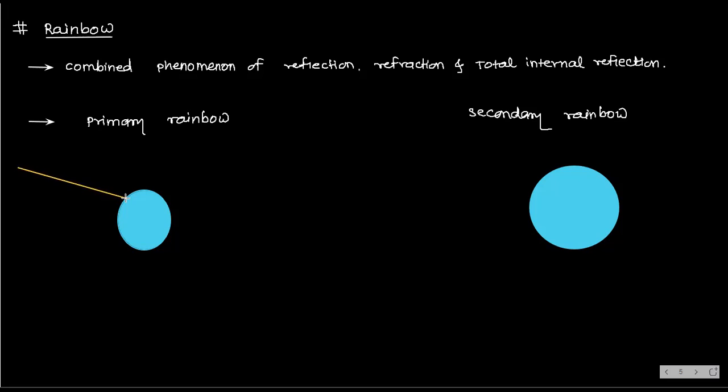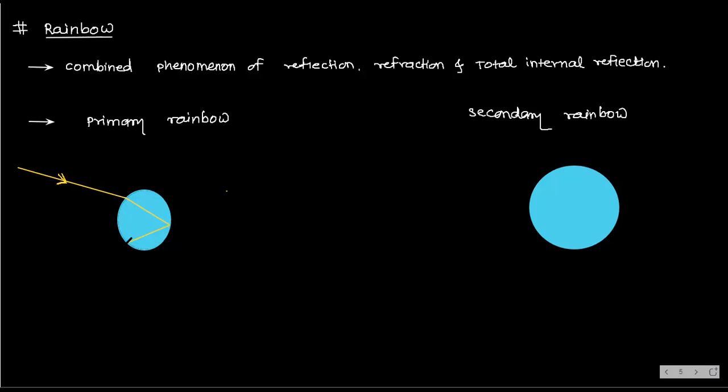Now this is the sunlight which is entering. Can you see this sunlight? Yes, it is entering into the raindrop, and now it will get refracted. A little refraction takes place like this. Now this is the denser medium, this is the rarer medium. At a particular angle, this ray will reflect back into the same medium. Total reflection takes place here.